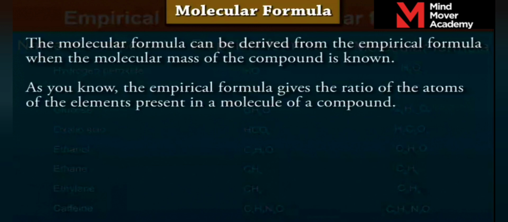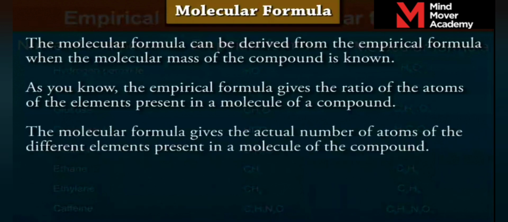As you know, the empirical formula gives the ratio of the atoms of the elements present in a molecule of a compound. The molecular formula gives the actual number of atoms of the different elements present in a molecule of the compound.